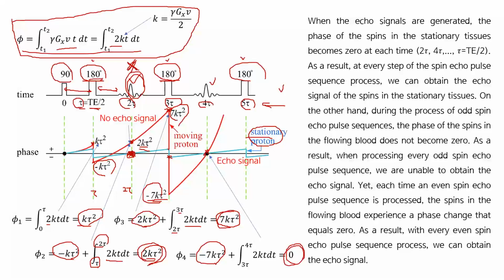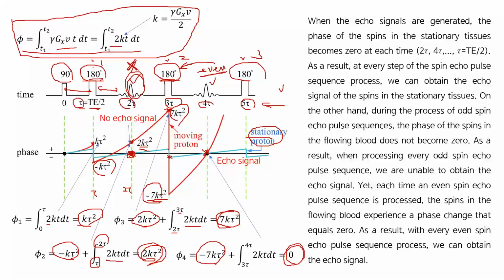So even is even 180-degree pulse. This is odd. So 1, 2, 3. Right? So even echo.